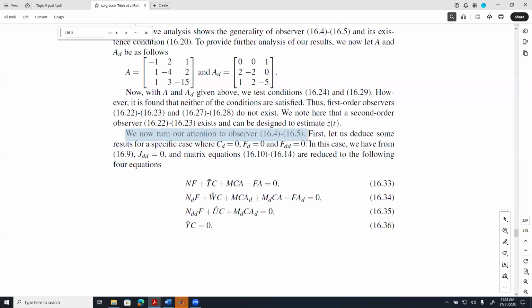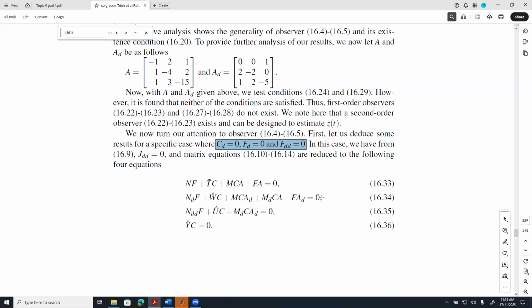use our observer structure. When we use our observer structure, we need to deduce conditions for the specific case where this matrix is 0, because we are only addressing a linear system with no state delay in the output measurement vector, and also it's just a standard functional.